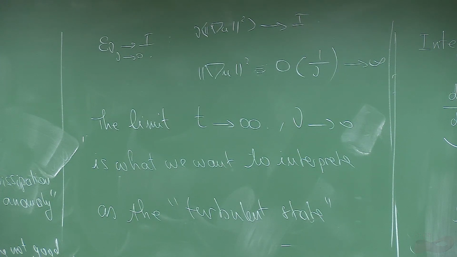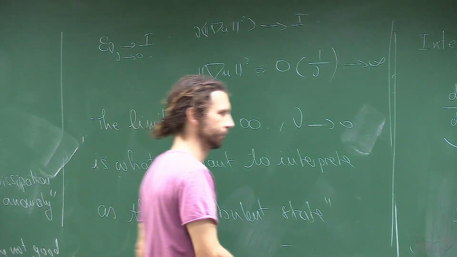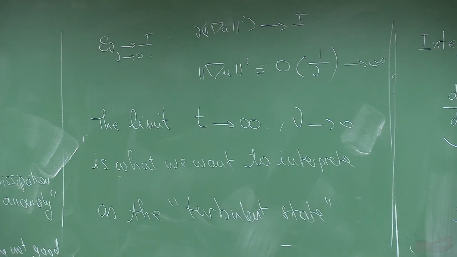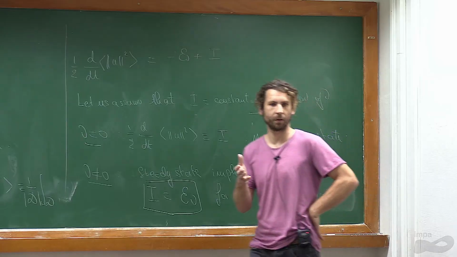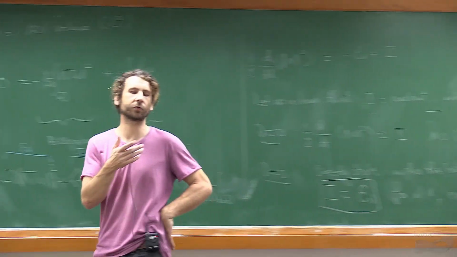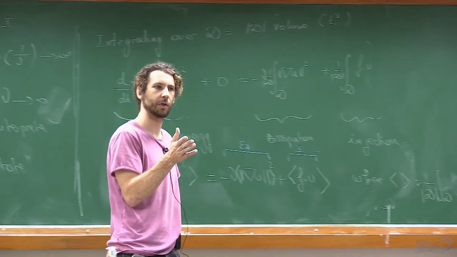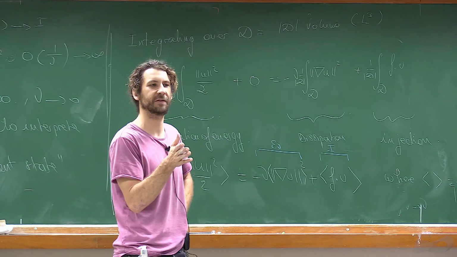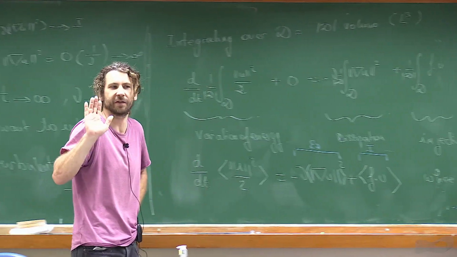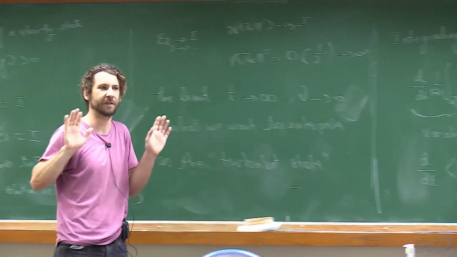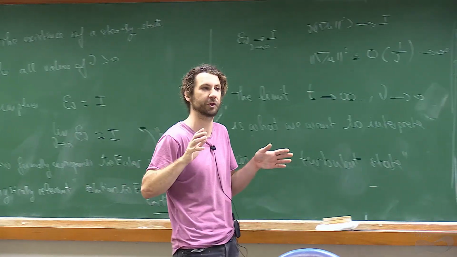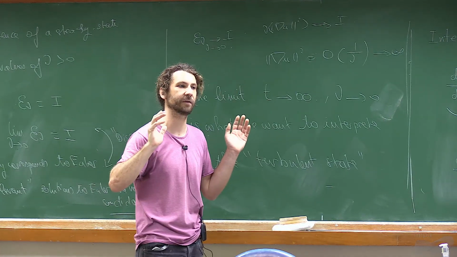Yes? Is it known that steady states for non-zero nu exist? No, it's an assumption. It's not even known that the solution exists. The steady state, for example, does not depend on time. The easy way to construct a steady state, inspired from a dynamical system, is you take a physically relevant solution and consider a long time limit.